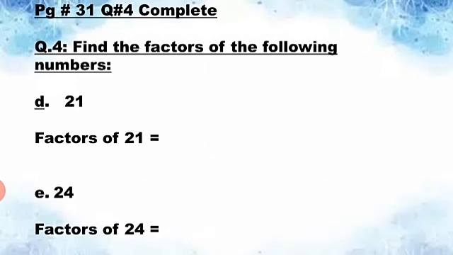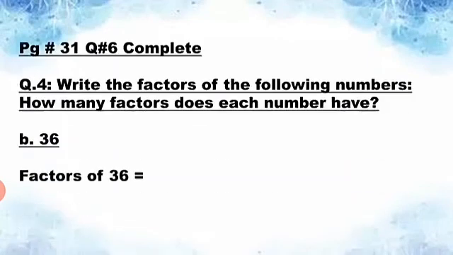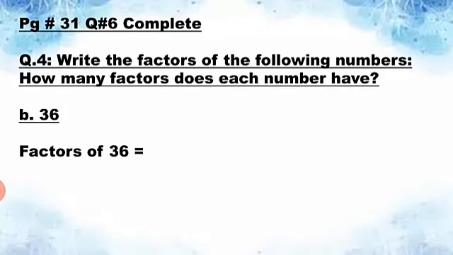Now come to another question, which is on page number 31 and question number 6. Now write the factors of the following numbers and also tell how many factors each number has. Now class, I am doing part B, factors of 36.